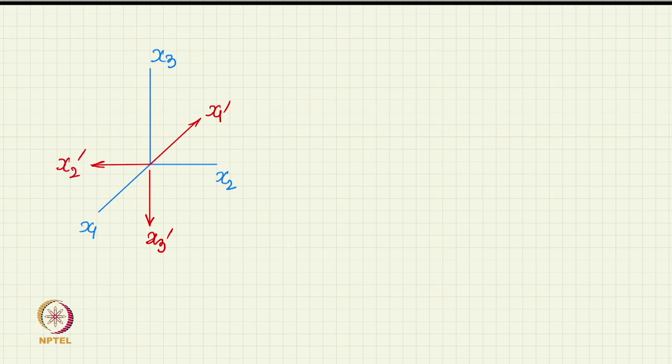So, I invert all axes in the center. The red and the blue axes are related to each other by a center of inversion in the origin.